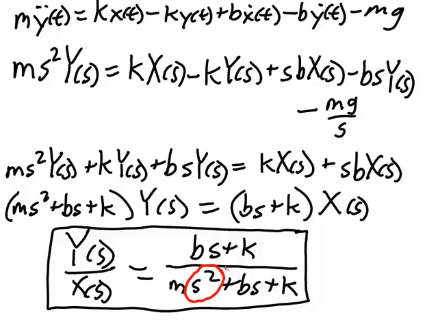Because the highest exponent in the denominator here is a second order, that tells us that the system is second order.